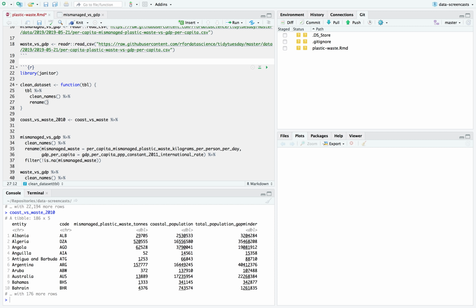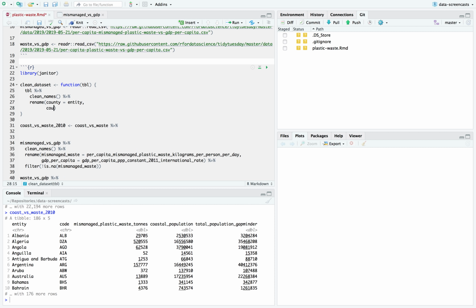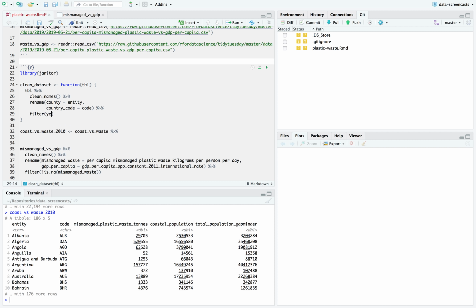And we're always going to rename entity to country and code to country_code. And we're going to filter for year equals 2010. That way we don't have to do these other filters.